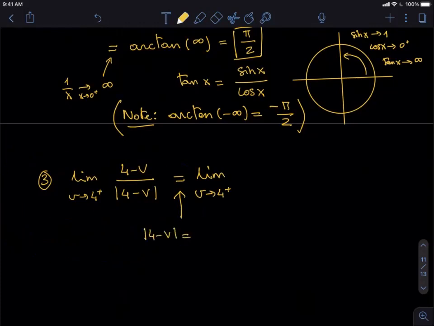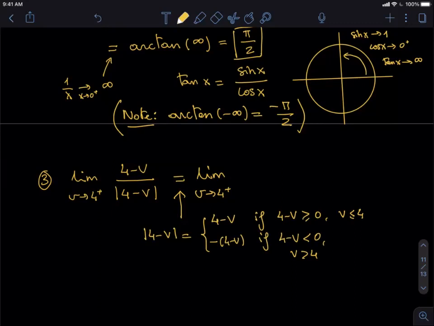So the absolute value of 4 minus v is 4 minus v if 4 minus v is bigger or equal than 0, or minus that if 4 minus v is negative. Then you can simplify that. This means v less or equal than 4, and this means v bigger than 4.